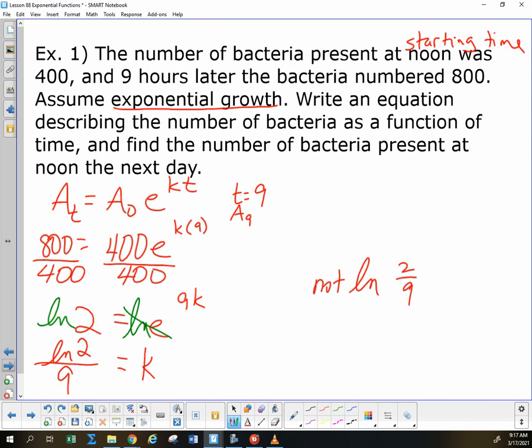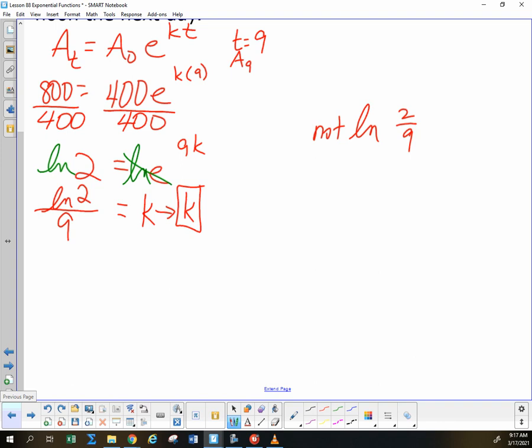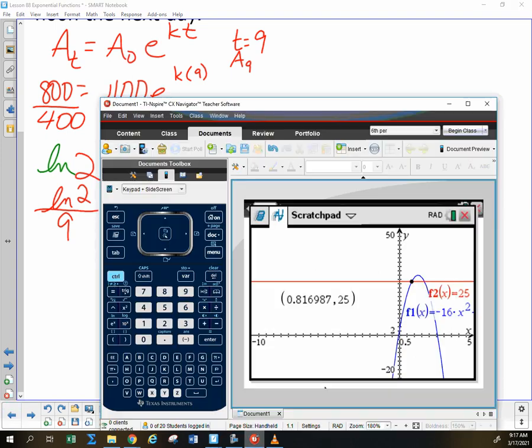Be sure you go outside of the parentheses for the natural log when you do that. And then I want you to store that as k. And I want you to write down the rounded value for what you get, just for my reference sake, for checking. So let me do that on my calculator here with you.